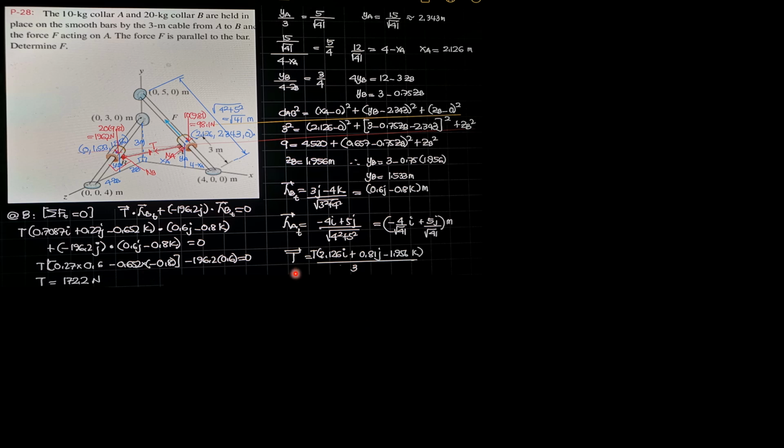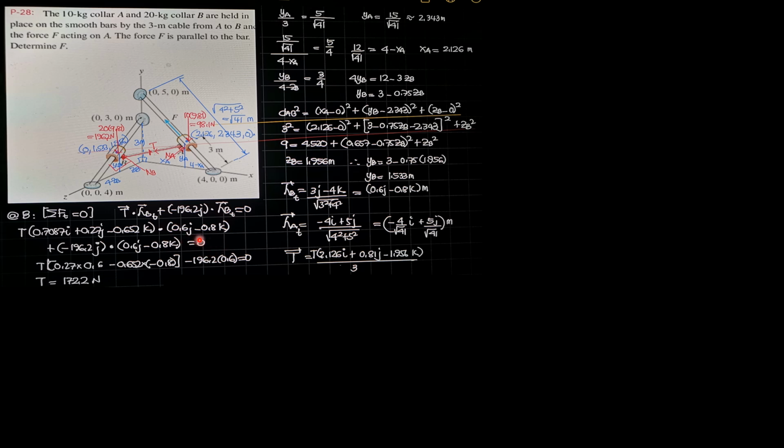So, simplifying further, 2.126 over 3, that's 0.7087. So, T times quantity 0.7087i, then 0.81 over 3, that's 0.27j. Negative 1.956k over 3, that's negative 0.652k, dotted with the unit vector of the tangential axis of the bar, that bar there, where collar B resides.